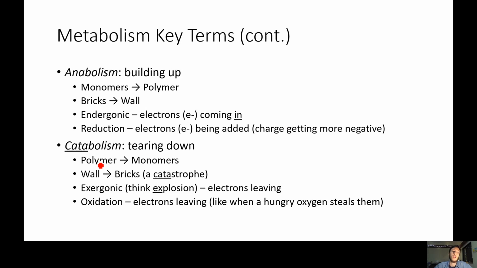So polymers turn into monomers in that case. We're moving from the wall down to its individual parts being unique again, and individual, because there's no mortar keeping them together anymore. There's no electrons. So in this, we are losing electrons. This is an exergonic. They're exiting, they're leaving.